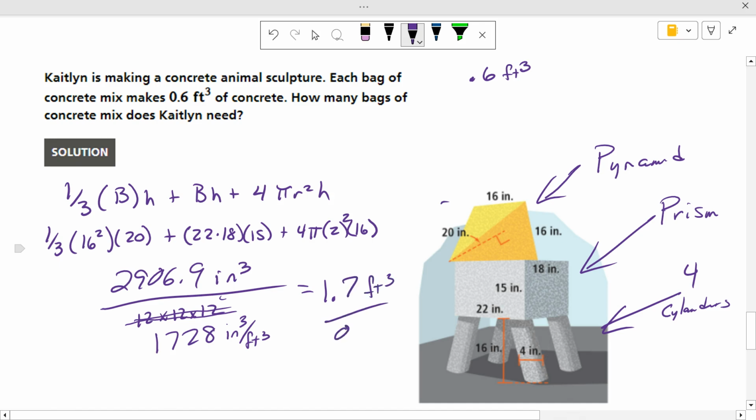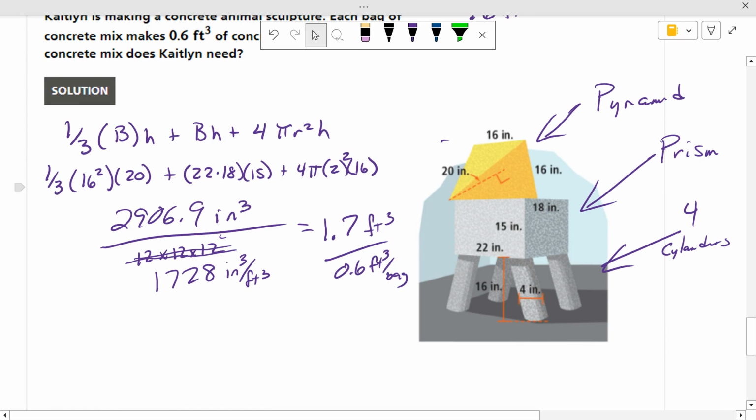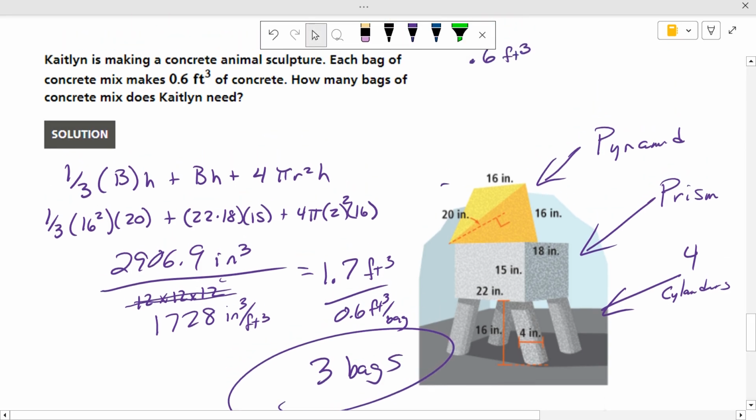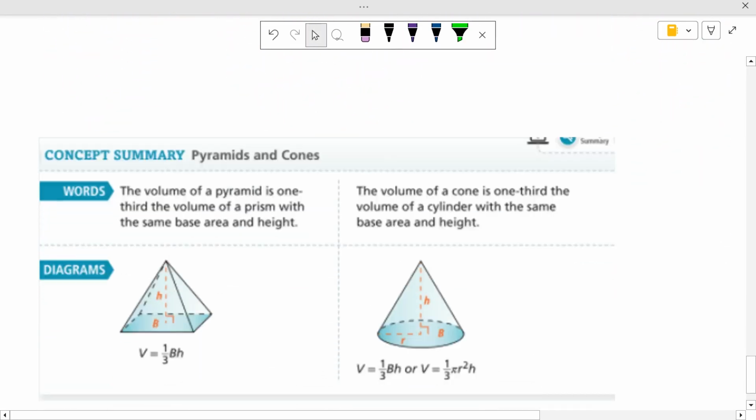If we divide it by 0.6 cubic feet per bag, we get the number of bags of concrete mix. So there's about 3 bags if we round it, right? So she'll need to buy 3 bags of concrete mix to make that statue.